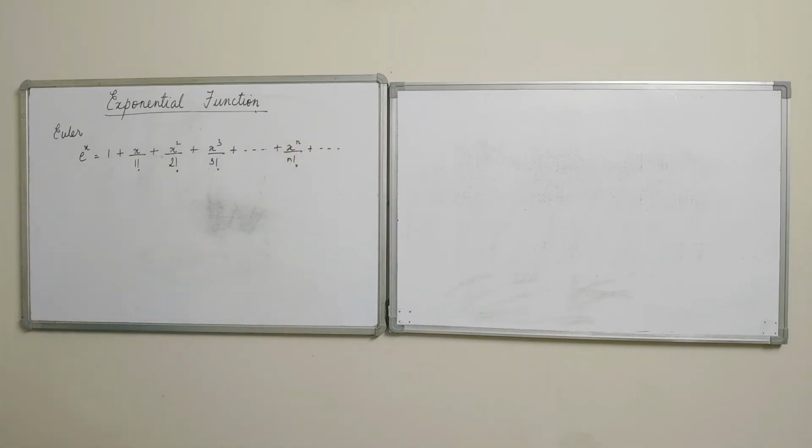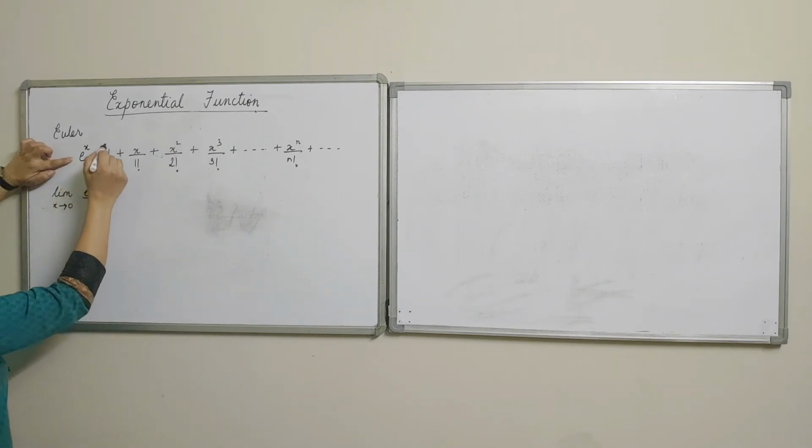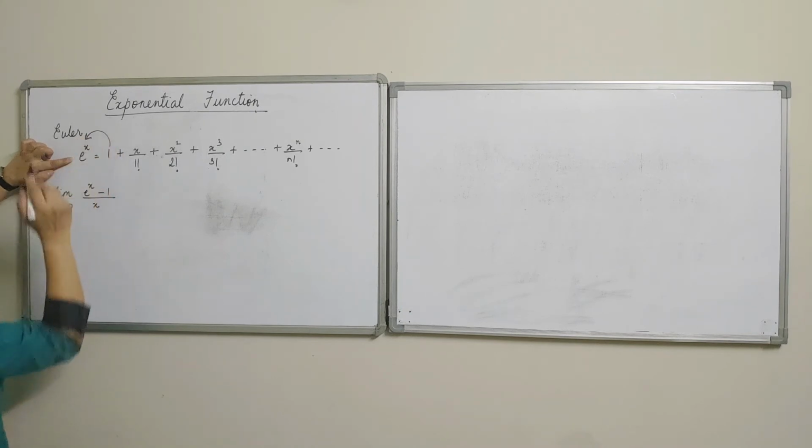So now let us look at this expression and then try to find out. We have done one result in earlier classes also, which mentioned the limit of e to the power x minus 1 upon x when x tends to 0. So our idea is now to find the limit of this expression. How do we do that? See here, in this expansion, let us shift 1 to the left hand side.